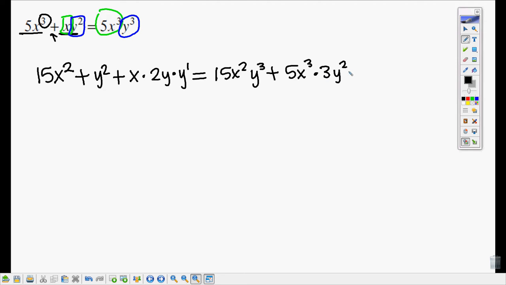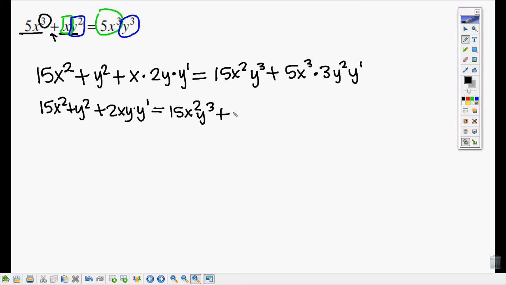So I have 3y squared times y prime. Okay, so I'm going to do a little bit of cleanup before I even worry about moving sides. So I'm going to have 15x squared plus y squared plus 2xy y prime is equal to 15x squared y cubed plus 15x cubed y squared times y prime.